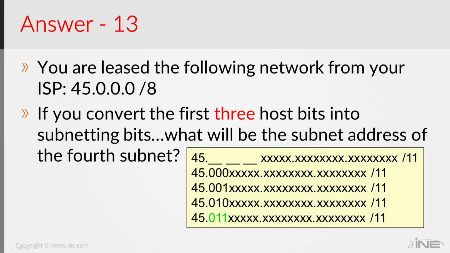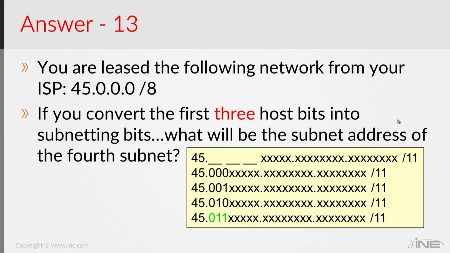Okay, so we're starting with 45. I cannot touch those first 8 bits. And we're saying I'm going to be subnetting my next 3 bits. So that gives me these various combinations. The 4th subnet, well, the first one is 000, and the next one is 001. So the 4th combination I can come up with is 011.